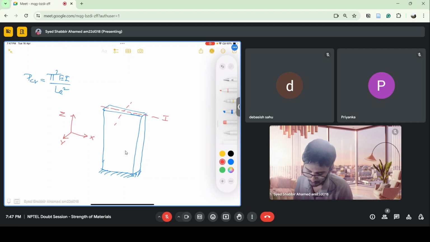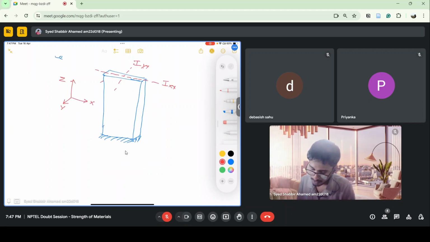On the above, the moment of inertia about the x-axis is lesser than Iyy. So my column will buckle like this. Can you imagine it? The column will buckle about the x-axis because the moment of inertia is less.